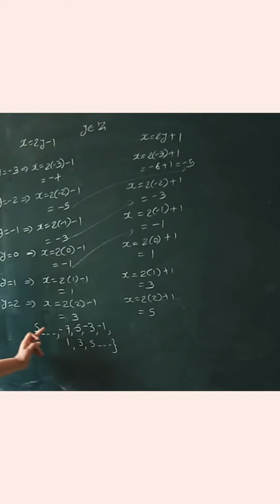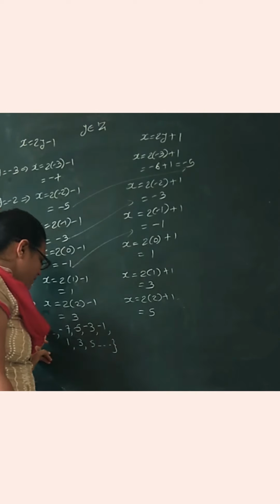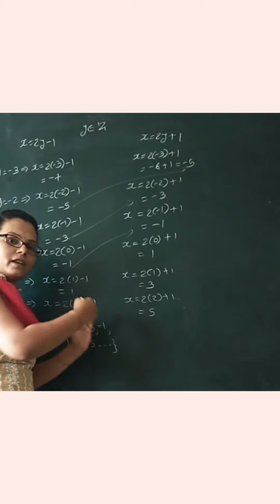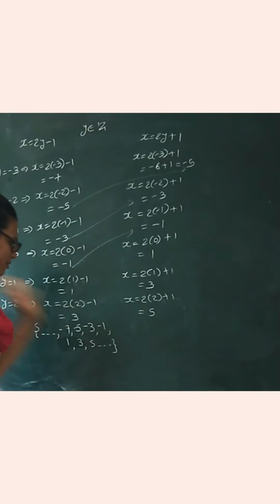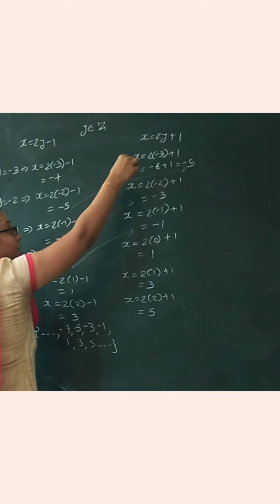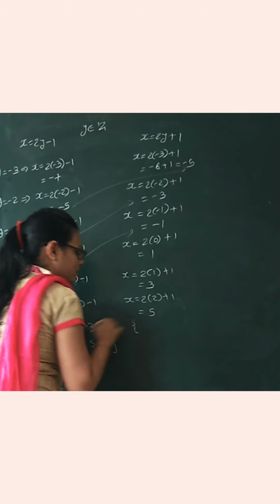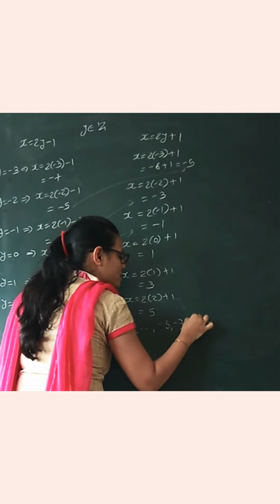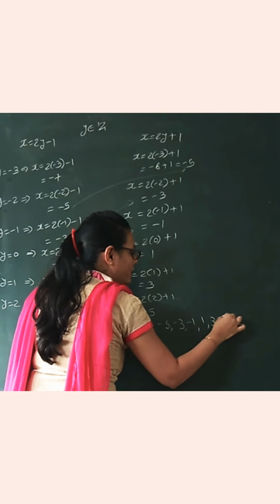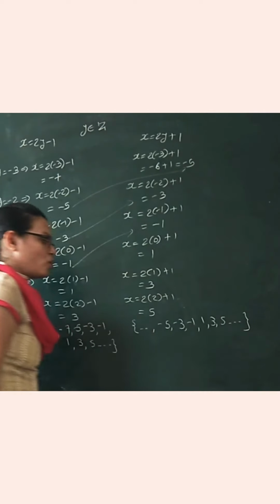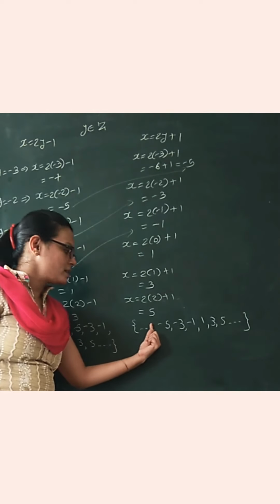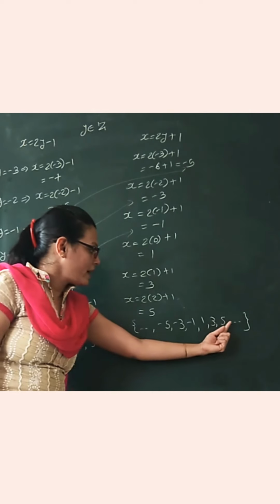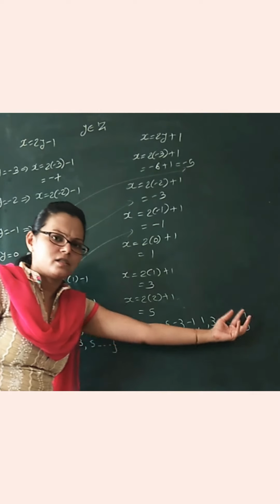So on means minus 9 will also come, minus 11 will also come, and here 7, 9, 11, so many values, infinite values are there. Similarly here also, same thing. If I am writing minus 5, minus 3, minus 1, 1, 3, 5 and so on, here also there is a minus 7 value, and here I can put 7, 9, 11 and so on.